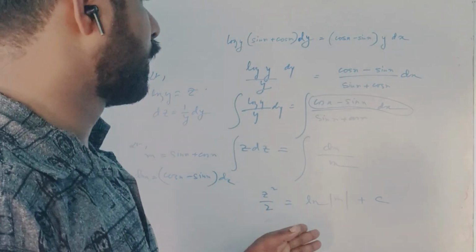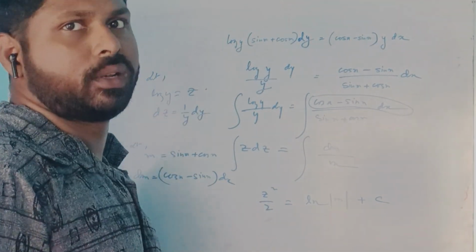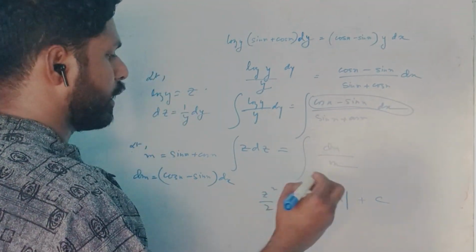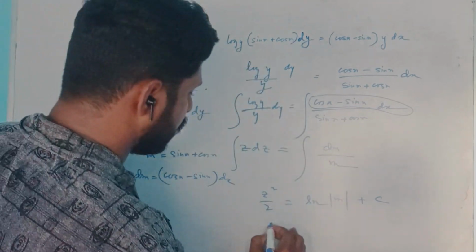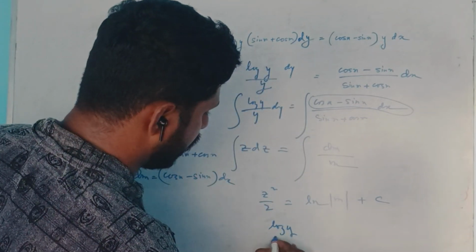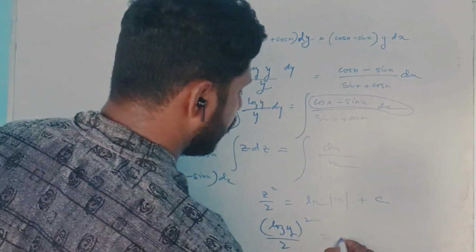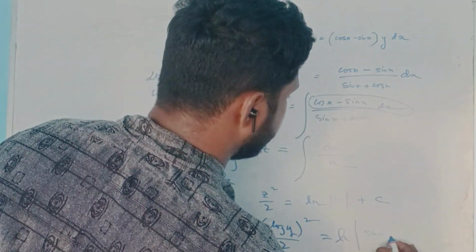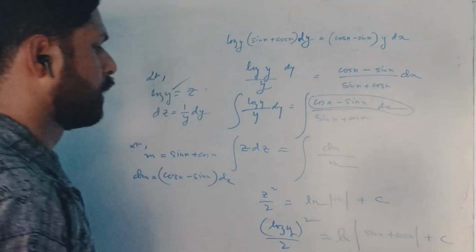Now you know that in calculus ln is written as log because by default the base is e. Next we'll substitute z. For z we take log y, so that will be (log y) whole square by 2, and in place of m we'll write sin x plus cos x, plus c, right?